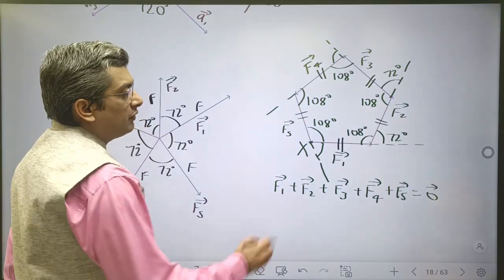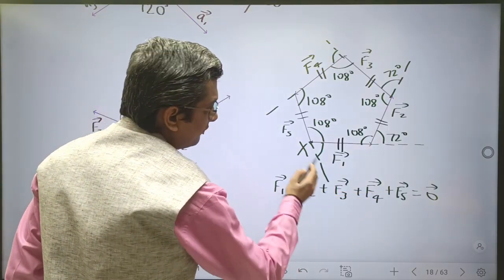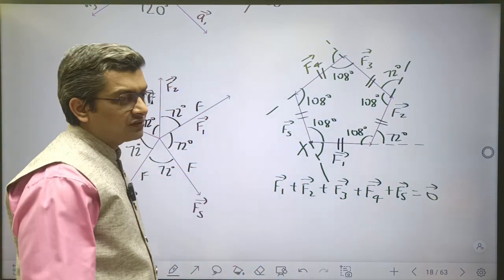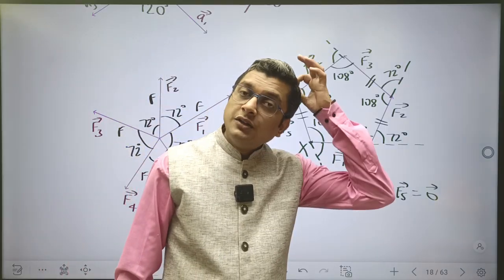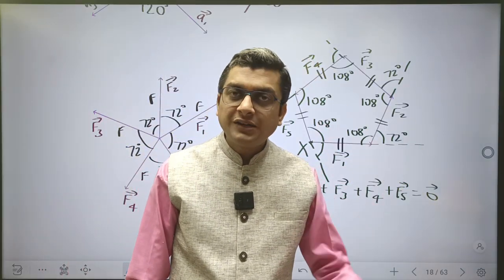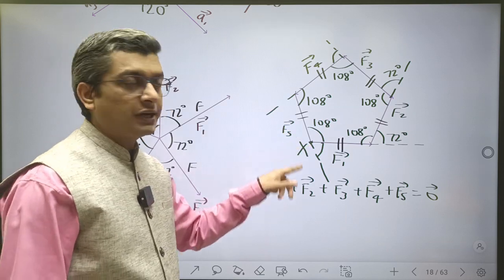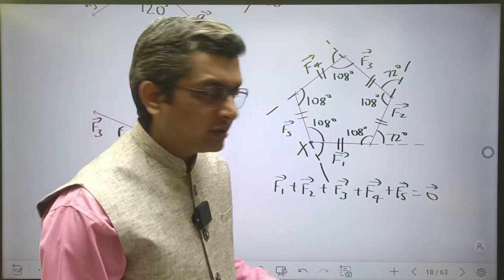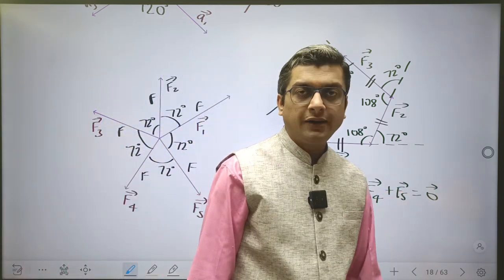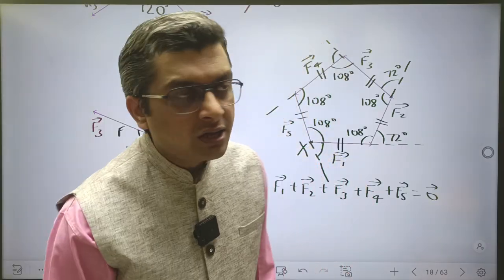There is no gap between the head of the last vector f5 and the tail of the first vector. If there is even a little gap, then you will have some resultant, but here there is no gap. The head of the last vector coincides with the tail of the first vector, so we have a null vector as the resultant, isn't it?